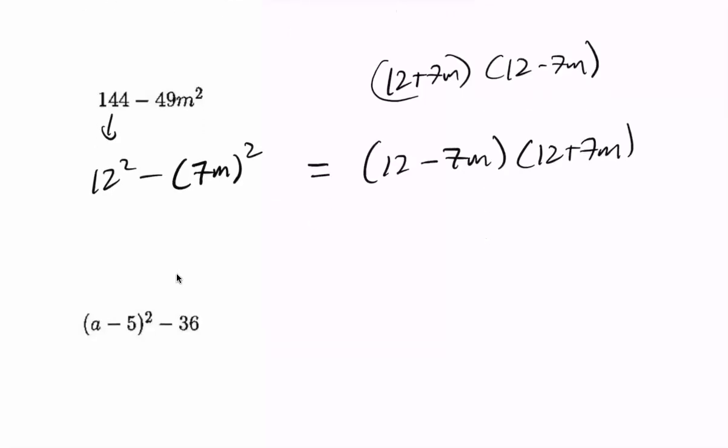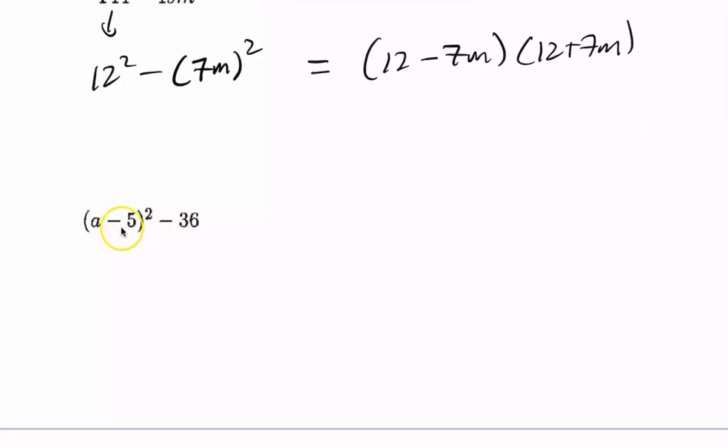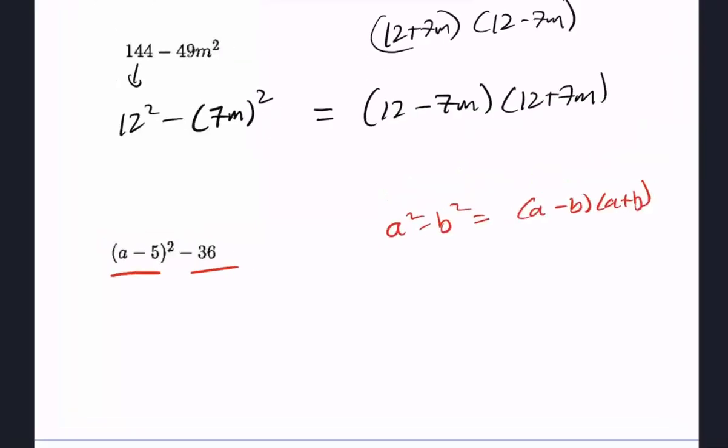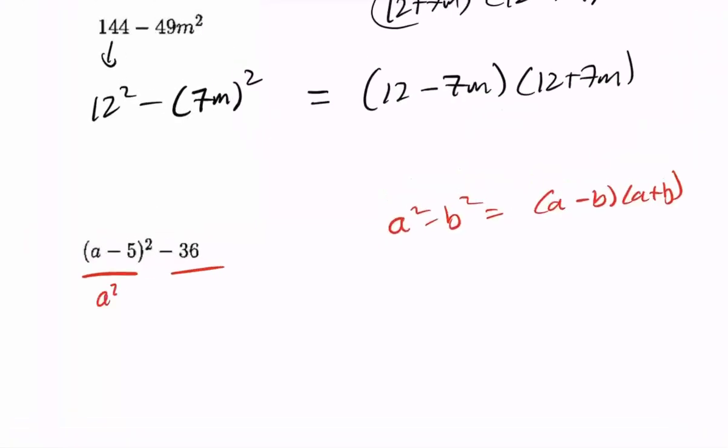And it even works if it's a binomial, right? So just to remind you, the formula is a squared minus b squared is a minus b, a plus b, or the other way around, does not matter. So as long as we have that, well, we have it here. This is a squared, this is b squared, this is 6. So all we're going to do is fill out this part, right?